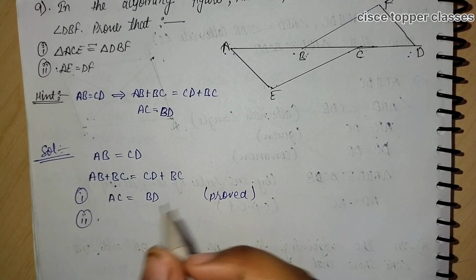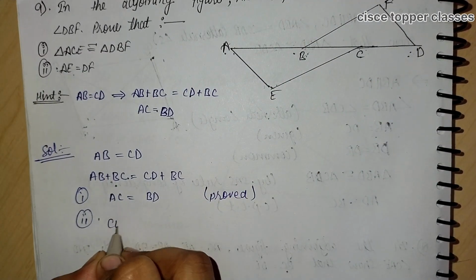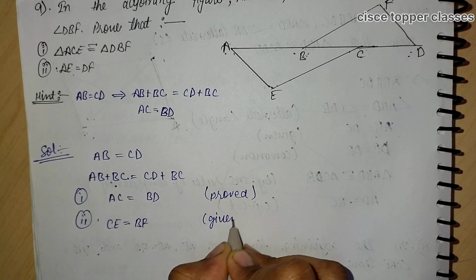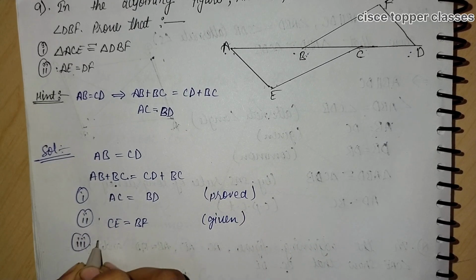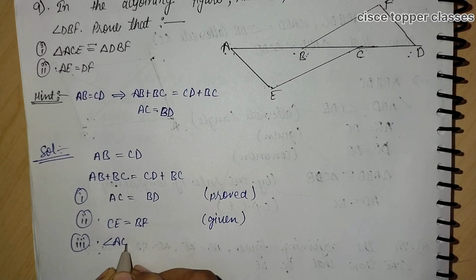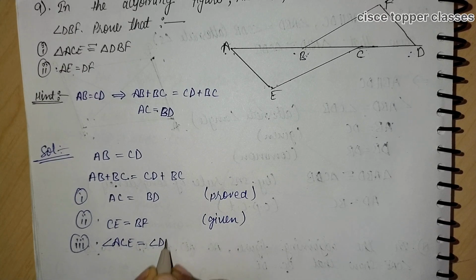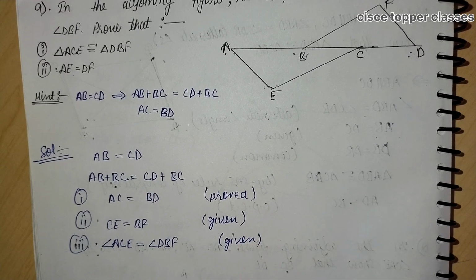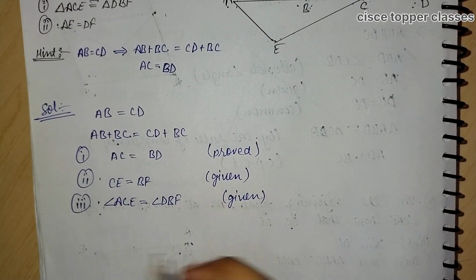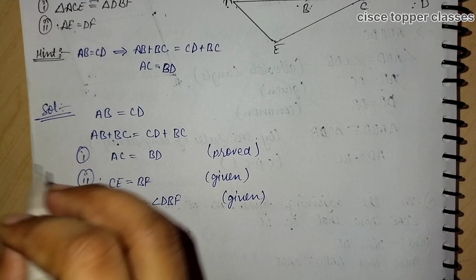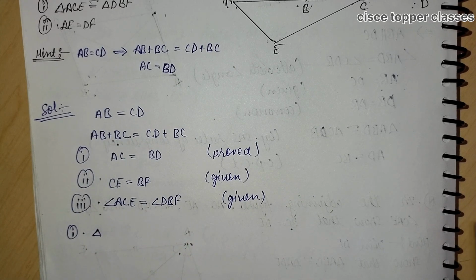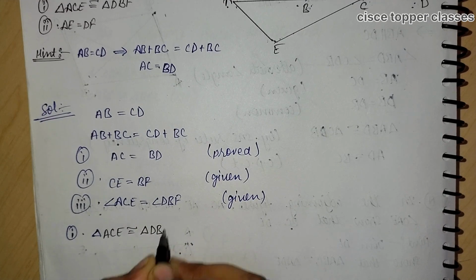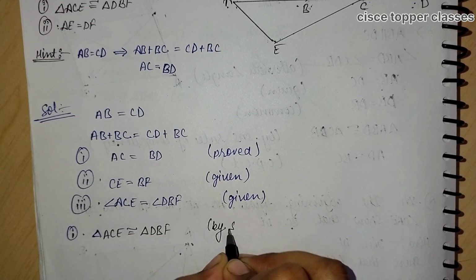Now the second part here, the given information only is CE is equal to BF. This is given to us. Third part is also given to us, that angle ACE is equal to angle DBF. This is given to us. And from these three pieces of information we can prove the first part in the question, that triangle ACE is congruent to triangle DBF by SAS rule of congruency.